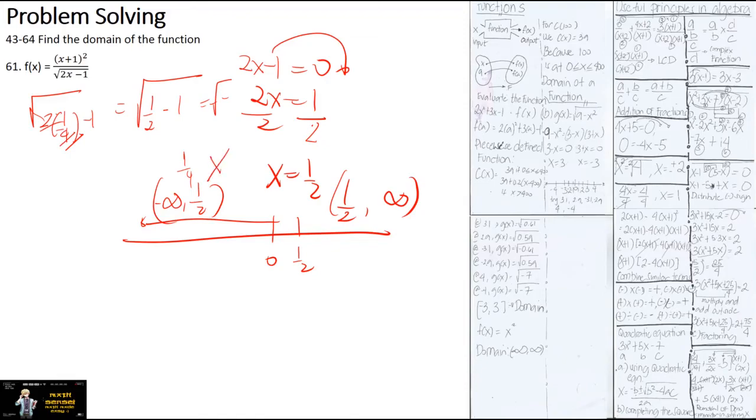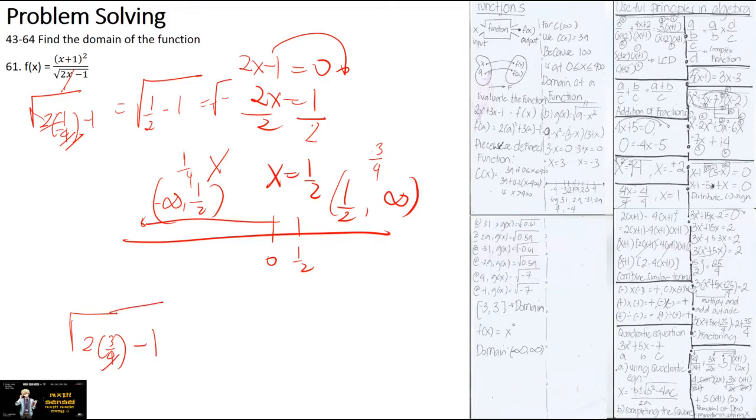Next, 1/2 to positive infinity. Try natin 3/4. Okay. So, square root of 2 times 3/4. Guys, huwag malito ha. Sinusubstitute ko lang yung x kung ano yung test number.